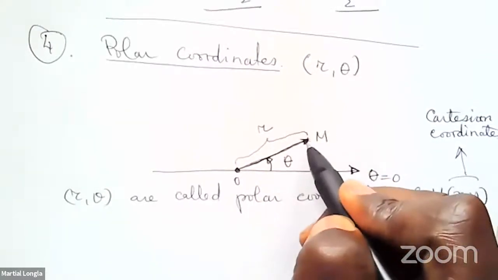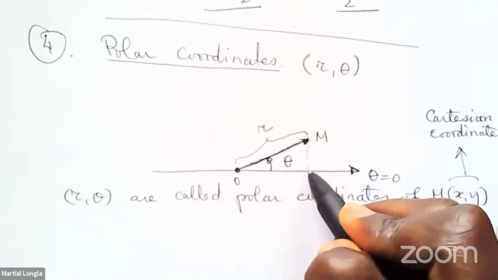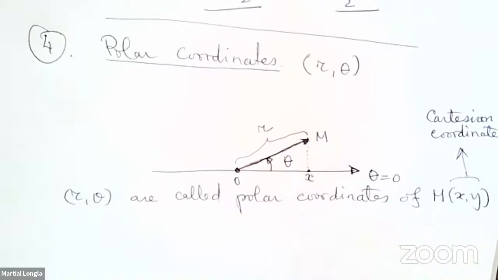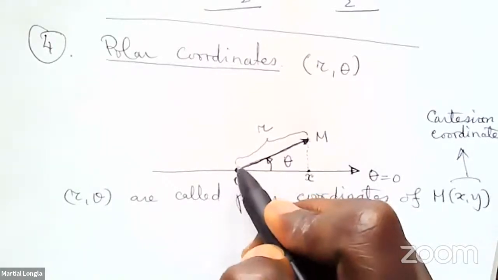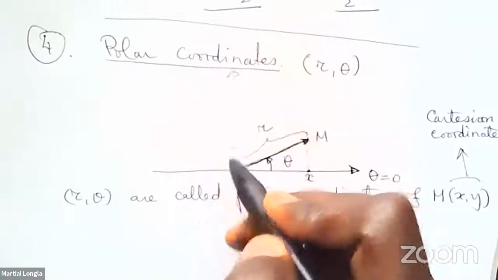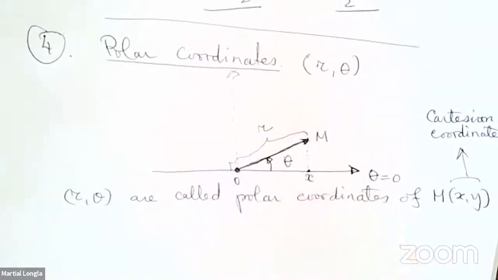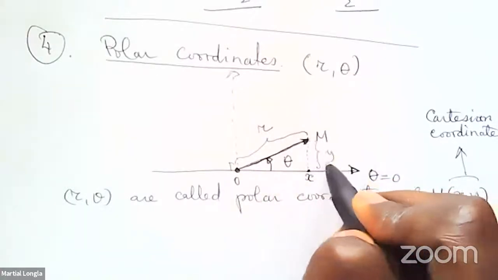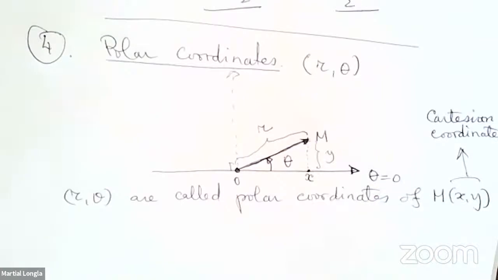So here, if I complete this figure by drawing something down here, what I will hit here will ultimately be what we call x in Cartesian coordinates. And if I complete here the angle pi over 2, then this side here is what we call y in Cartesian coordinates.